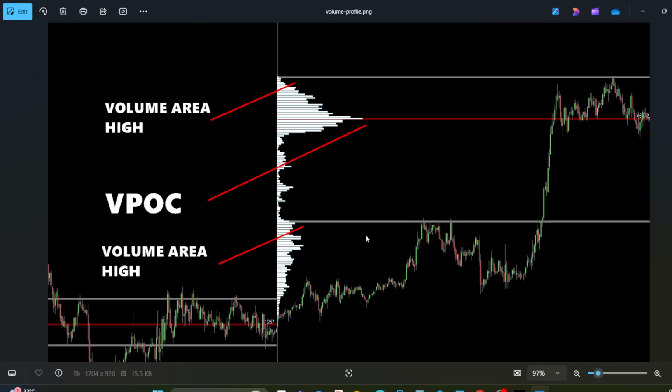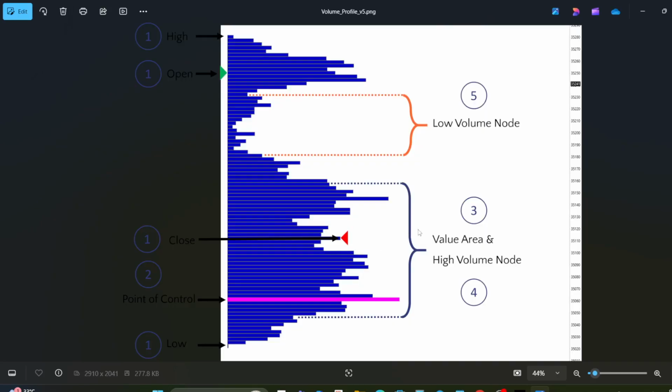Basically, histogram bars are plotted along the price axis, and you're going to see that the more significant that level is, the wider the histogram.